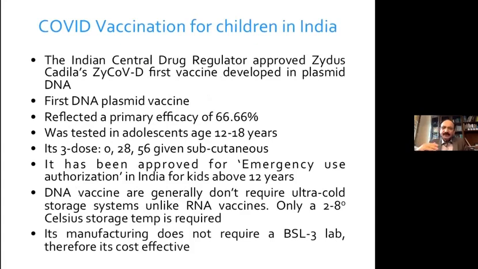This is very recent data from India, where they have made the first DNA plasmid vaccine for the pediatric age group between 12 and 18. It's a 3-dose. It has been approved for emergency use in India. And I think DNA vaccines generally don't require ultra cold storage. So for countries like Pakistan, I think they are excellent.